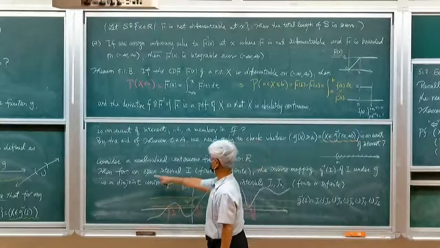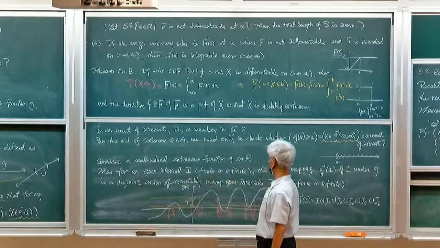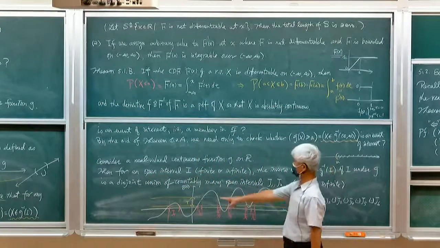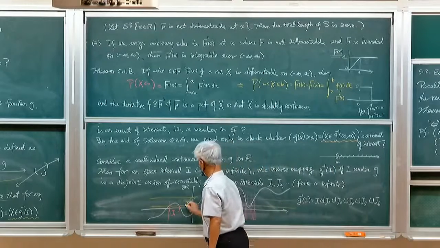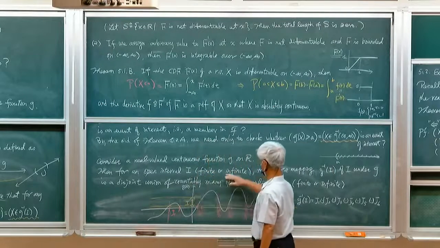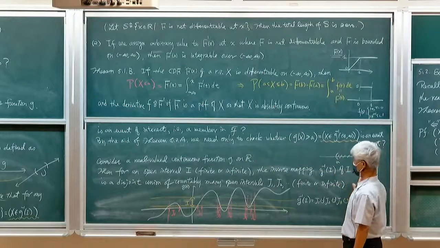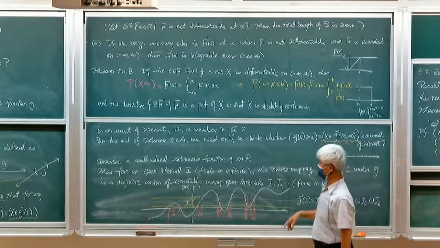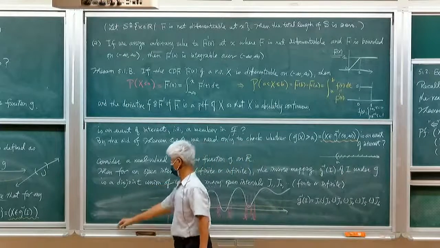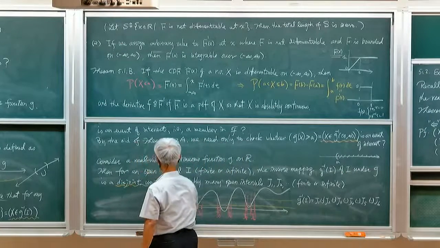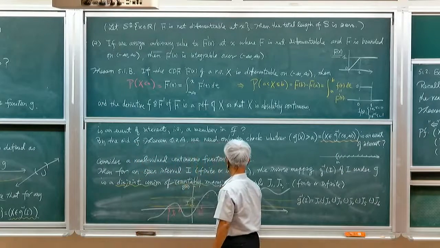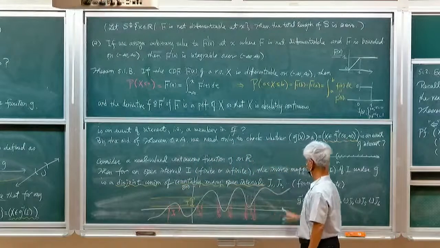So for every open interval I, maybe a finite open interval, or an infinite open interval like this one, the inverse mapping will become a disjoint union of countably many open intervals.